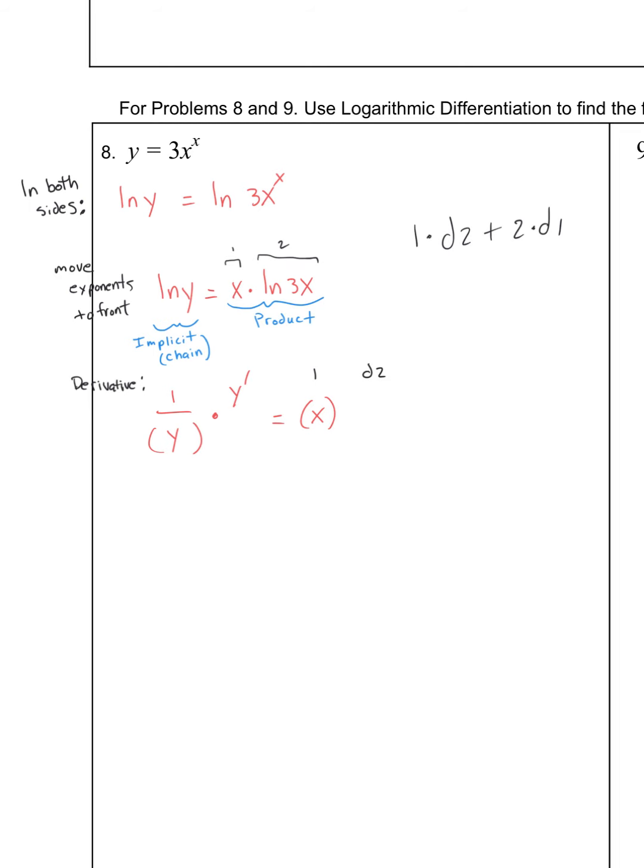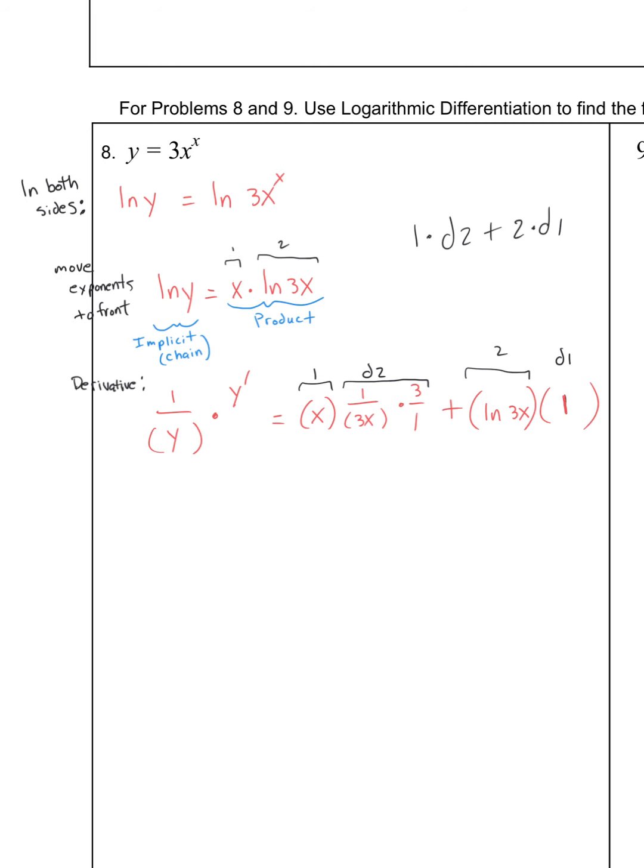So the derivative of the outer, ln, of course, is 1 over something. The inner as is, 3x. And the derivative of the inner is 3 over 1. So that whole thing here is d2. Now plus the second function as is, so ln 3x, and then we multiply everything by the derivative of the first function, and the derivative of x here is just 1. So there is our product rule.